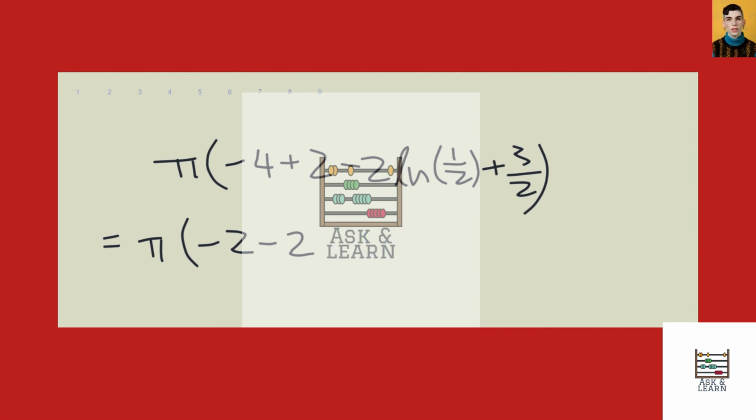So if ln of 1/2 is equal to negative ln of 2, we're adding 2 times the ln of 2 plus 3 over 2.